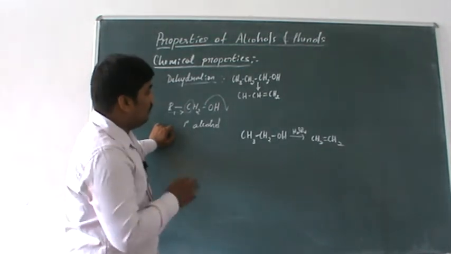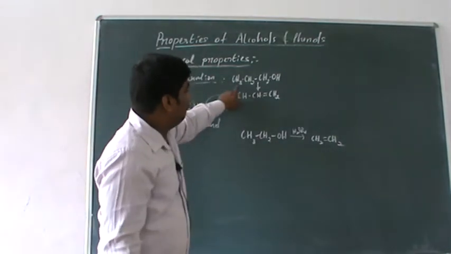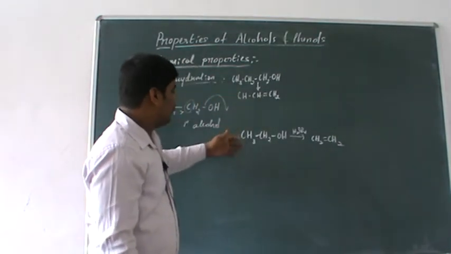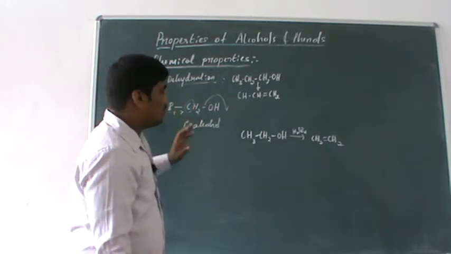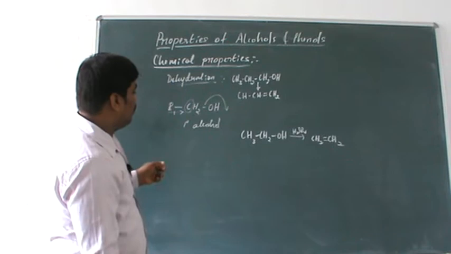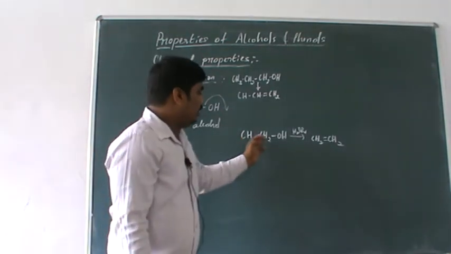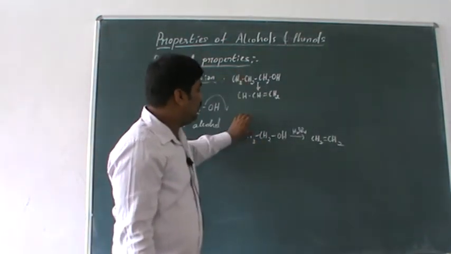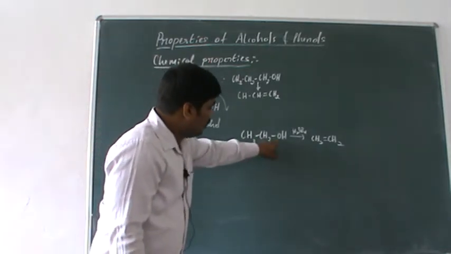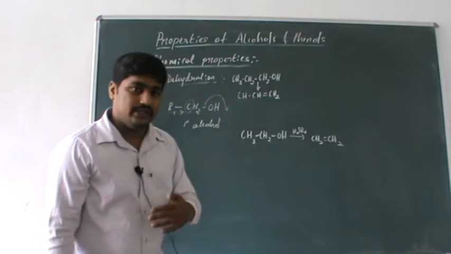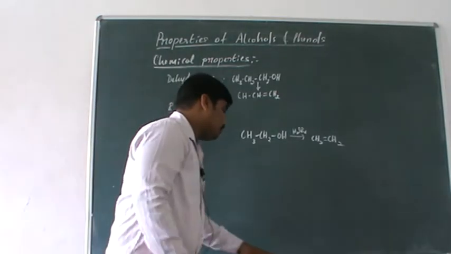In these, the alcohols are primary, and primary alcohols show less tendency. Why? Because only one R group is attached and the others are hydrogens. The OH attached carbon contains hydrogens.